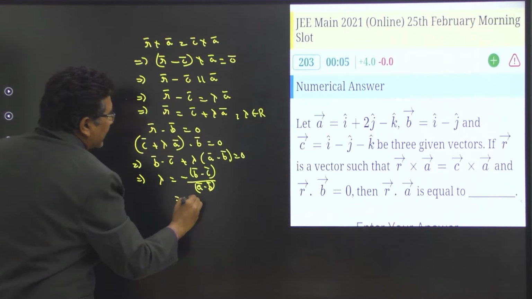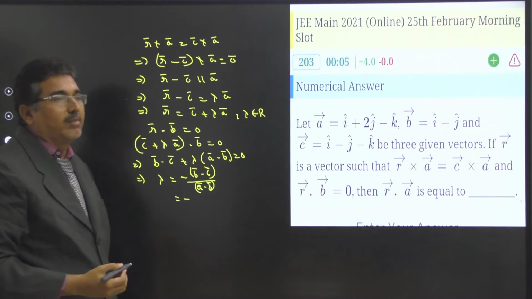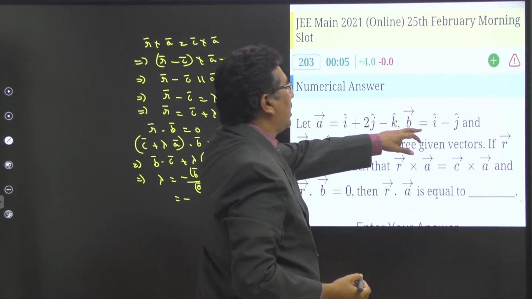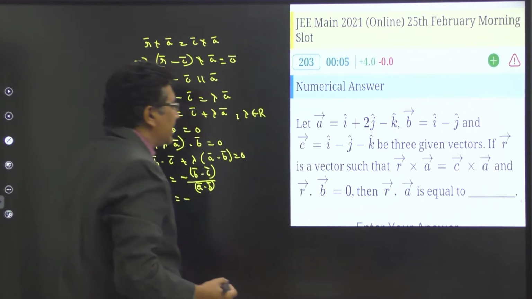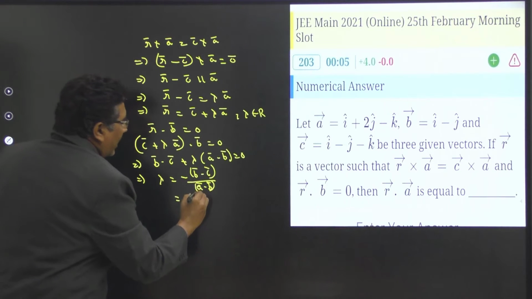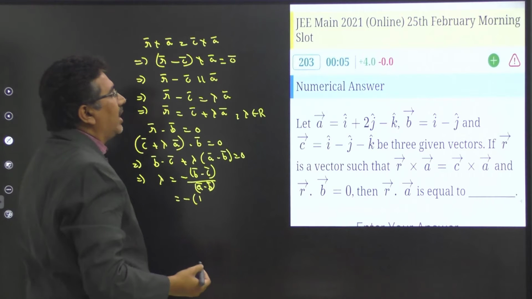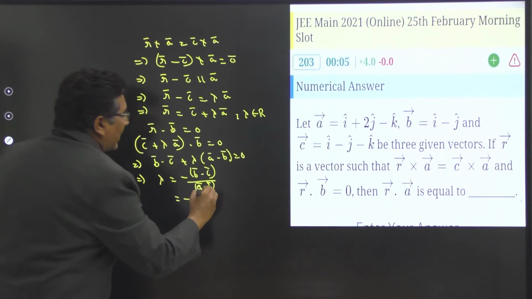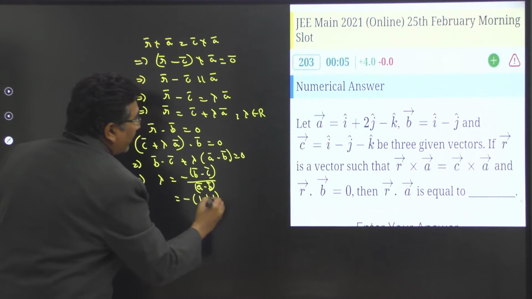What is b bar dot c bar? Here b bar dot c bar: i bar dot i bar is equal to 1, minus j bar dot minus j bar, that is plus 1.